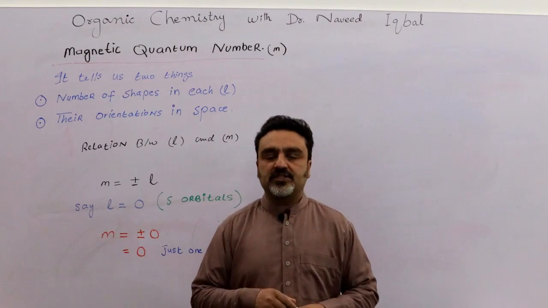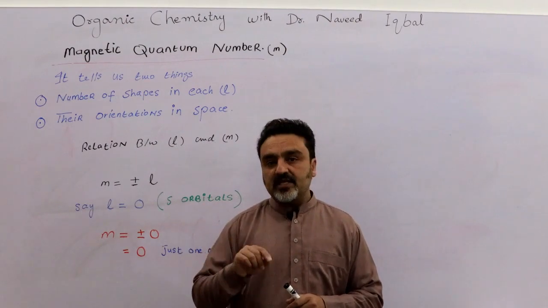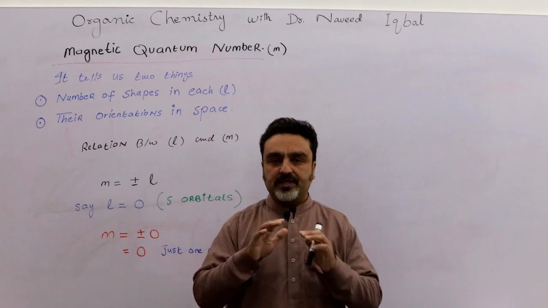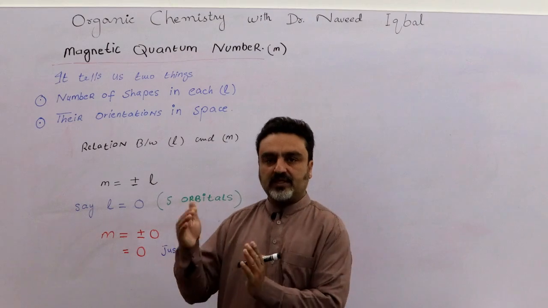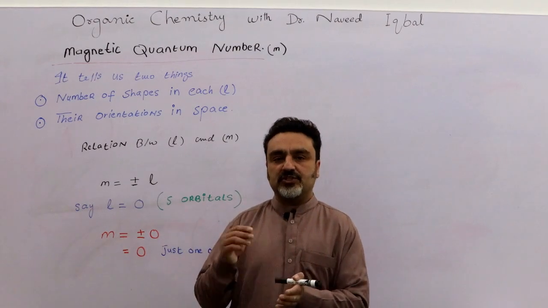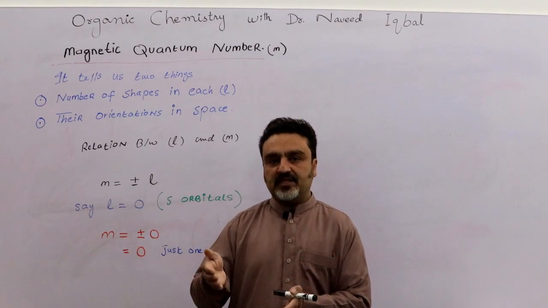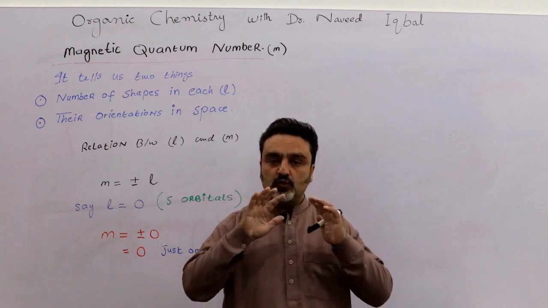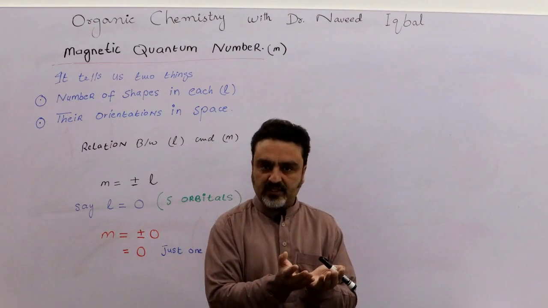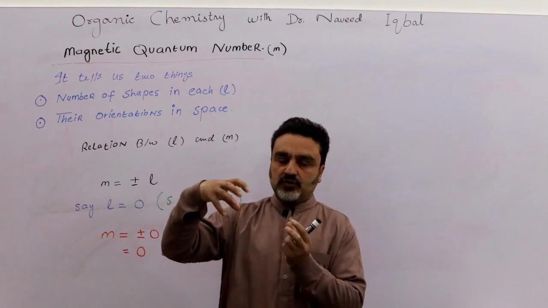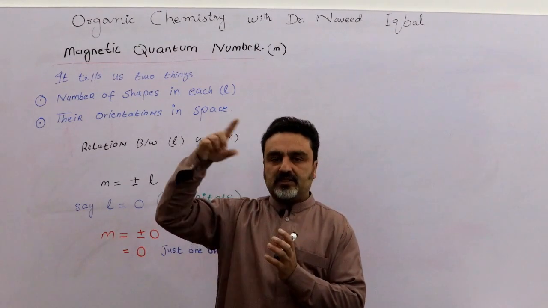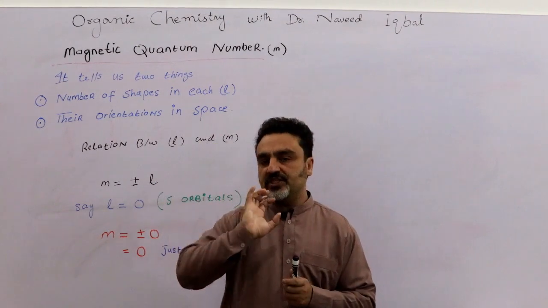As we studied, the K shell has just one spherical shape. When the principal quantum number is 2, it gives us the L shell, the second energy level. The second energy level has two shapes. One was a spherical 2s orbital, and another was a dumbbell shape also present in that.